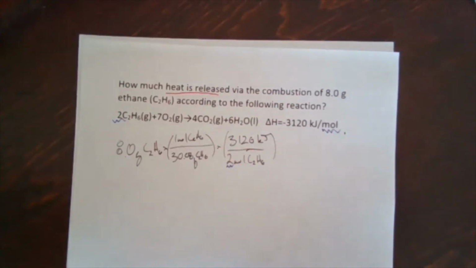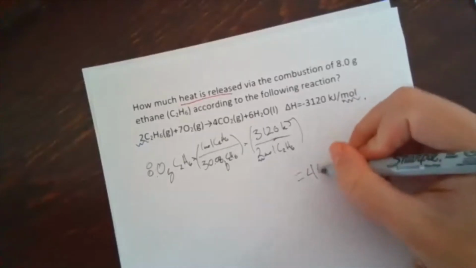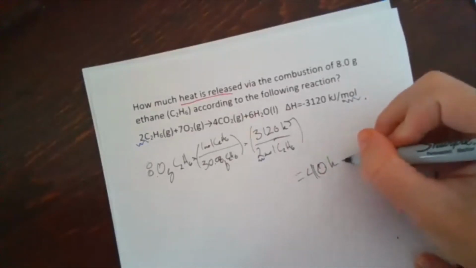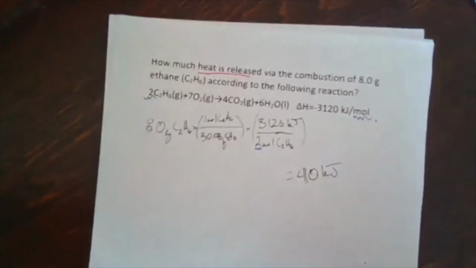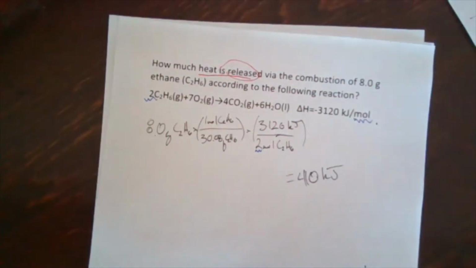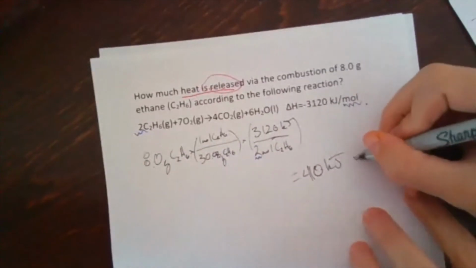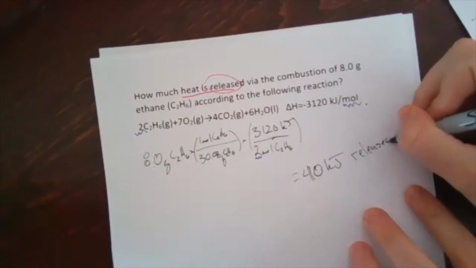And so if we do this out, we would calculate out 2 sig figs, 410 kilojoules. And so there is a smidgen of nuance because you'll note it says released. So how much heat is released? The official answer would be 410 kilojoules released.